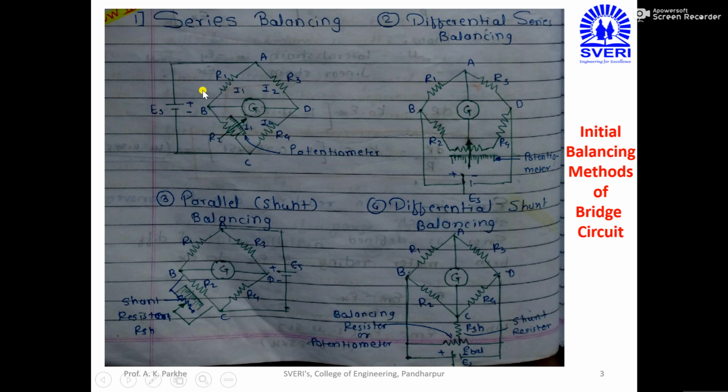For example, R1 has 350 ohm resistance, R3 also has 350 ohm resistance, and R4 has 350 ohm resistance. But due to some faulty manufacturing process, this R2 resistor is manufactured with a resistance of 348. So due to this 348 resistance value, your bridge is not properly balanced.